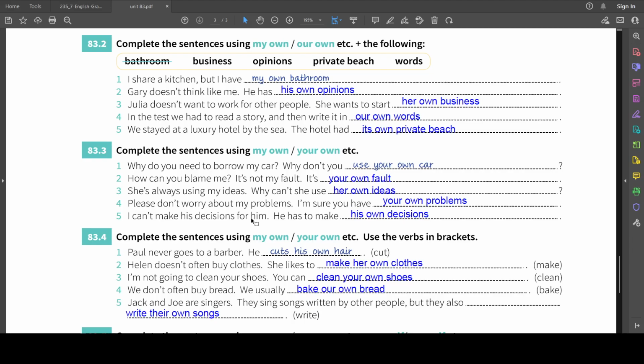Why do you need to borrow my car? Why don't you use your own car? The next one. How can you blame me? It's not my fault. It's your own fault. Check it out. We're talking about something that belongs to someone, but is made by them alone.